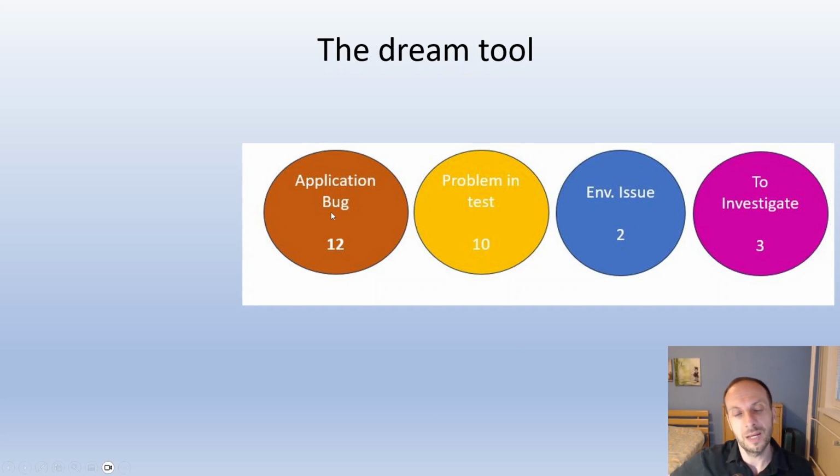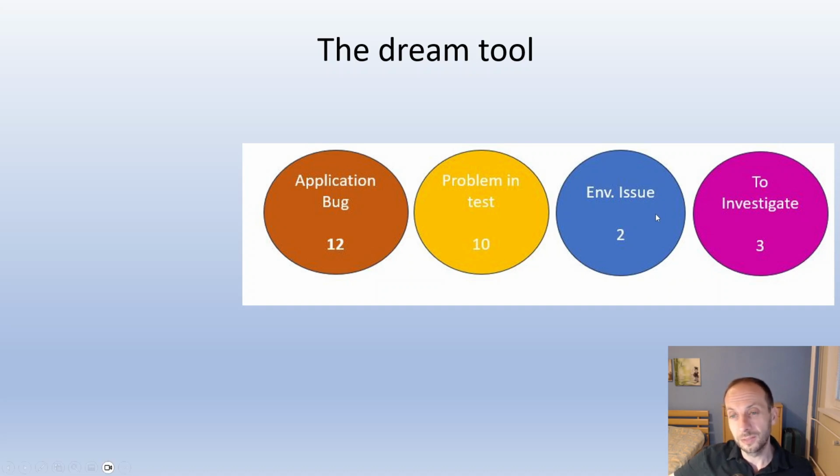And this is what I would like to have, some tool which will show me, okay, you have 12 failures because of application bug, and if I look inside, I will see which failure is related to which bug. I have 10 problems in the tests. Again, I will go inside and see which test is failing because of which Jira ticket.